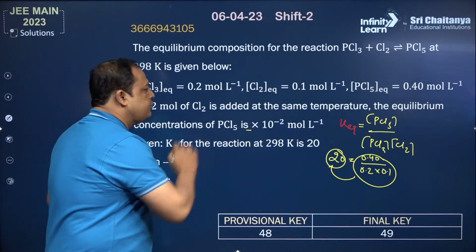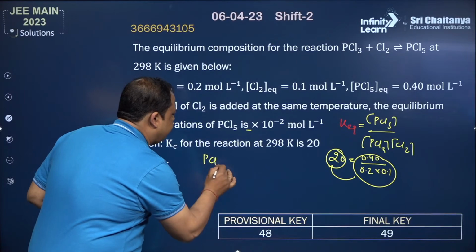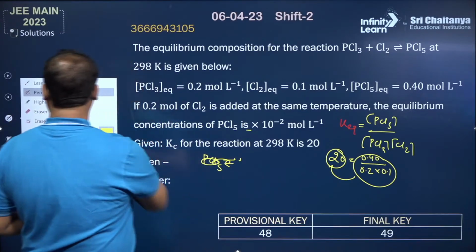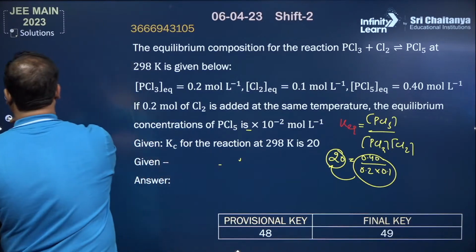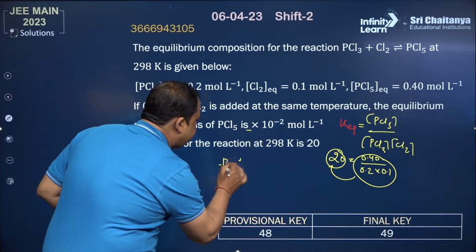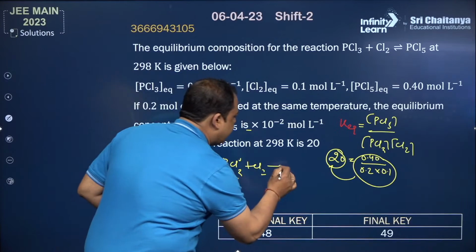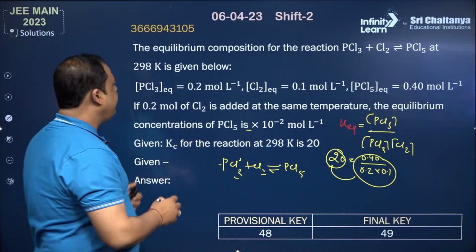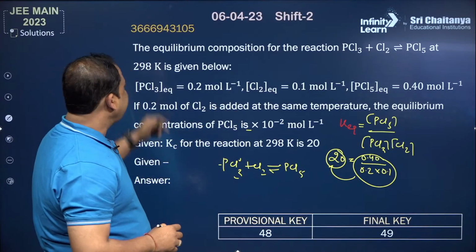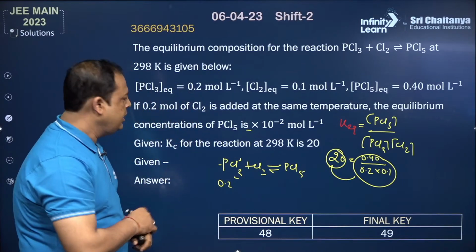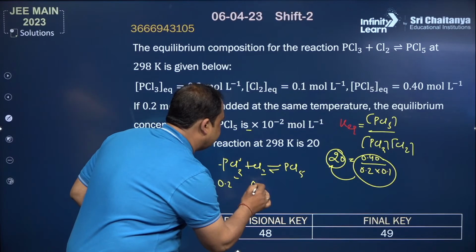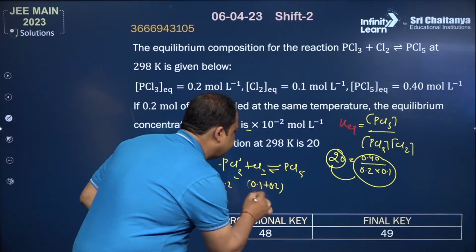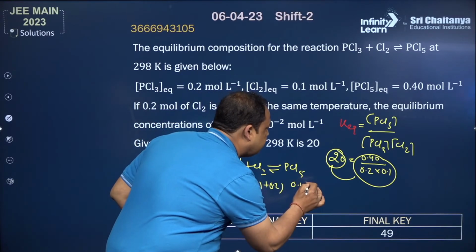That is what we have to find. The reaction is PCl3 plus Cl2 in equilibrium with PCl5. Previously the concentration of PCl3 was 0.2, Cl2 was 0.1, and PCl5 was 0.40. Now Cl2 is 0.1 plus 0.2.